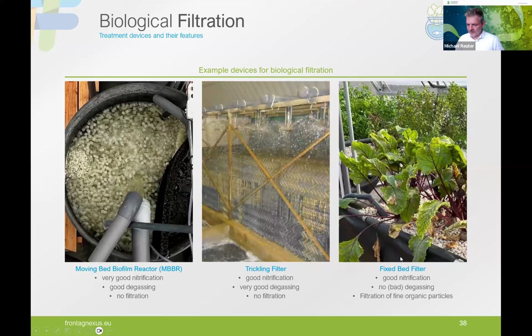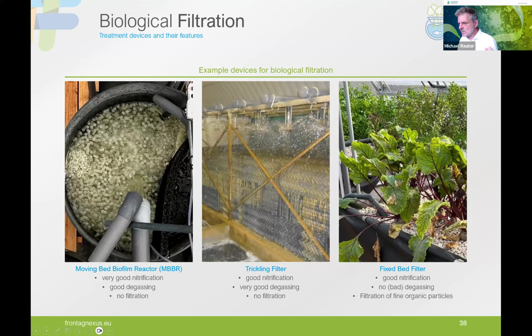And then we have fixed bed filters that can also be just devices that are meant as a filter. But I put here as an example for a fixed bed filter a media bed that may exist in an aquaponic system, because this is basically a biological filter in form of a fixed bed filter where the bacteria live on the gravel that is inside of the grow bed.